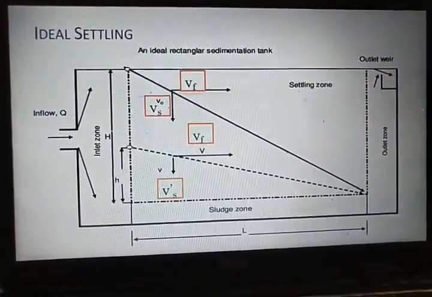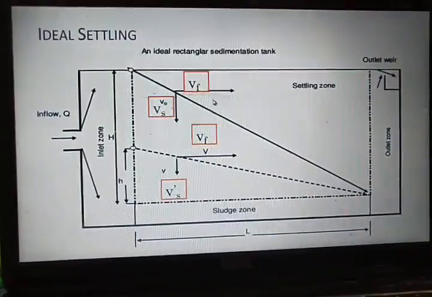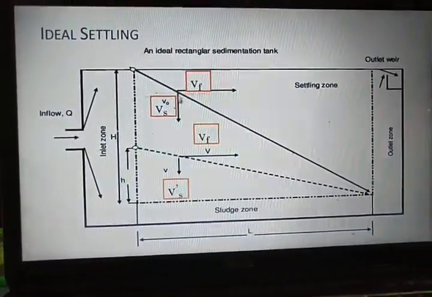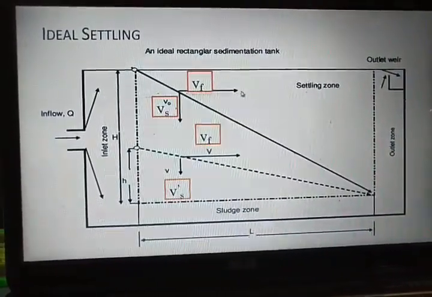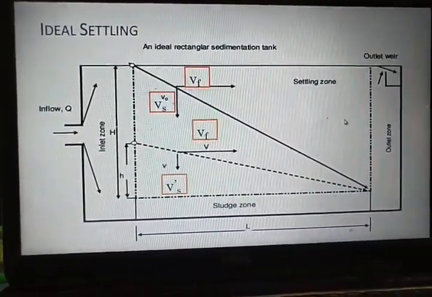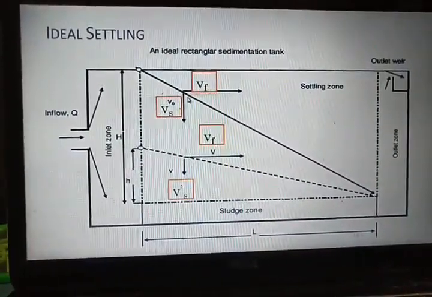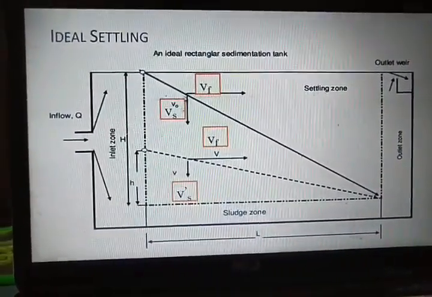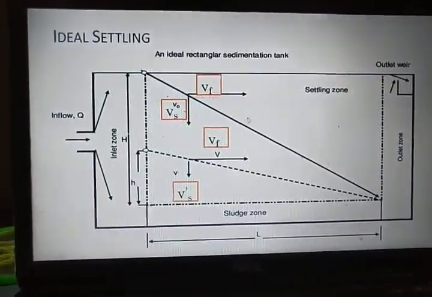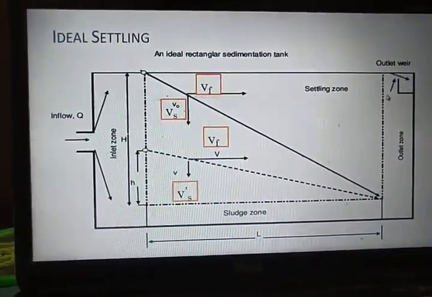Under the ideal settling basin, we can see the different forces acting on a particle. If you take the horizontal and vertical components of a particle, the flow velocity will be along the flow of the particle, and Vs is the settling velocity. The settling velocity should be such that the particle, when moving from the inlet zone to the outlet zone, should not pass without settling.